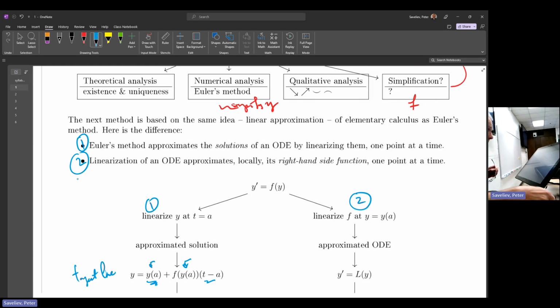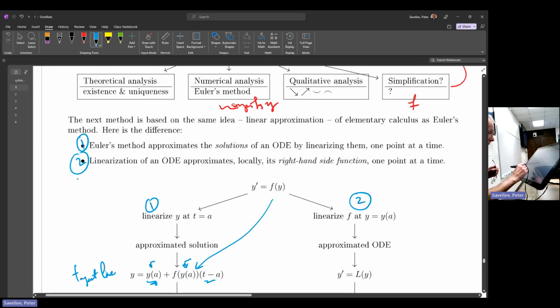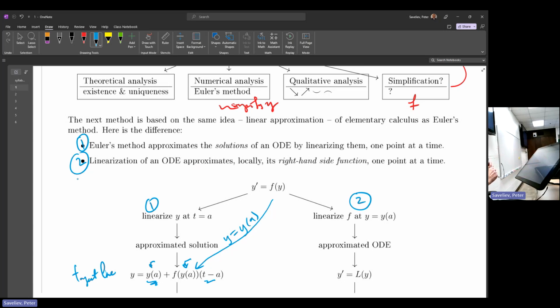We plug in y equal to y of a. If we know where we are, we know the value of y, we know the value of f as well, and that gives us the slope of our line, and that gives us one step of Euler's method. Just to refresh your memory.